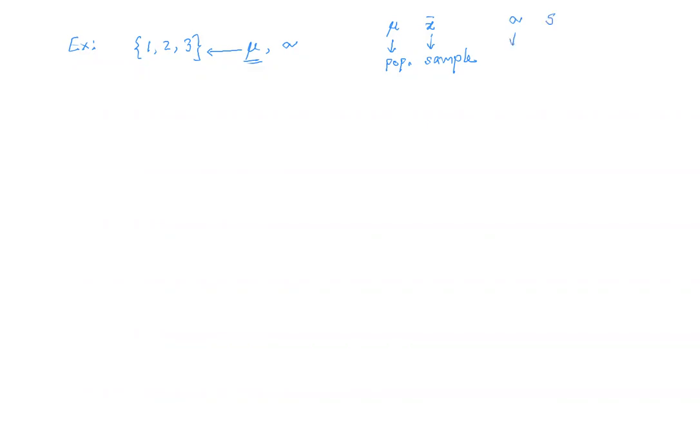Sigma is the standard deviation for the population, and s is the standard deviation for the sample. Then p is the proportion for the population, okay? And p hat is the proportion for the sample. So these are the things that you want to be clear about in terms of idea, okay?